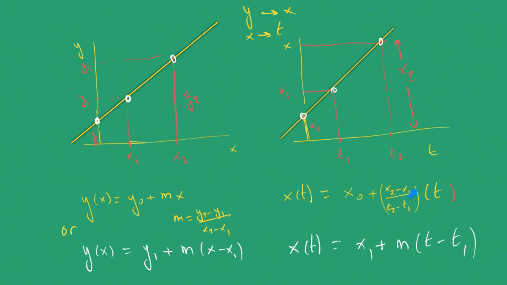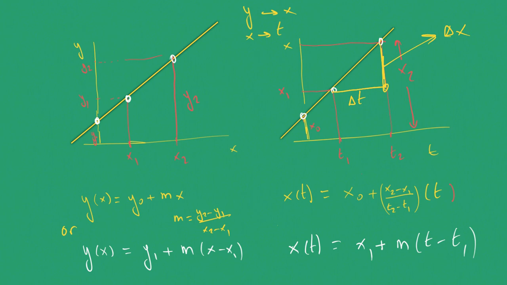So this is the slope of the graph. You make the triangle, and the slope is delta x divided by delta t. The vertical distance divided by the horizontal distance.